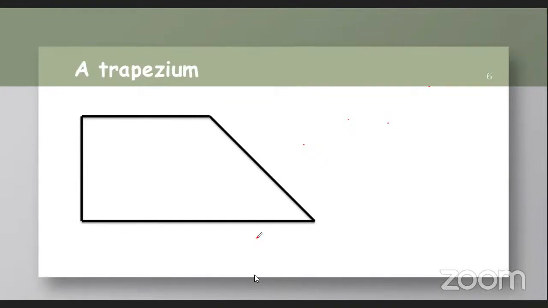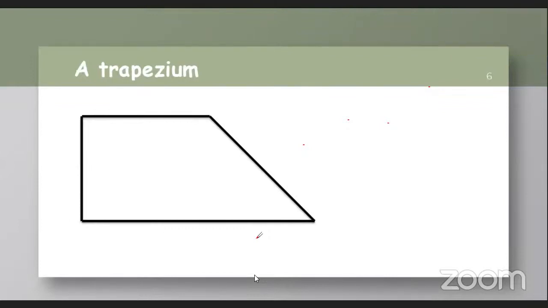Yes, please, teacher. Tell me, spell the word and we go on. The word is trapezium. Not trampy, it is trapezium.